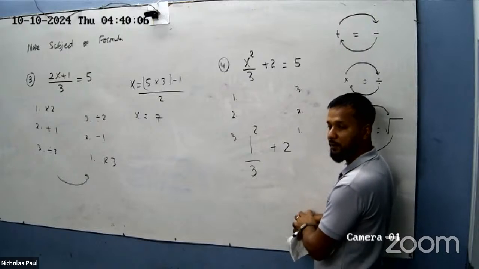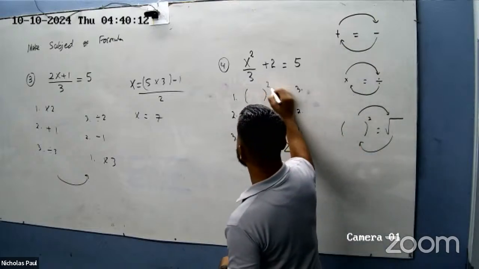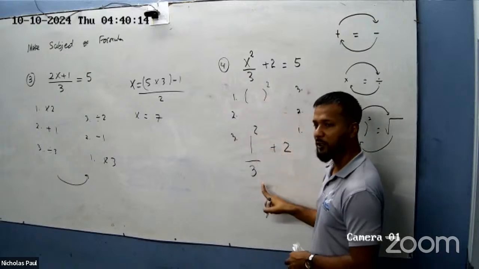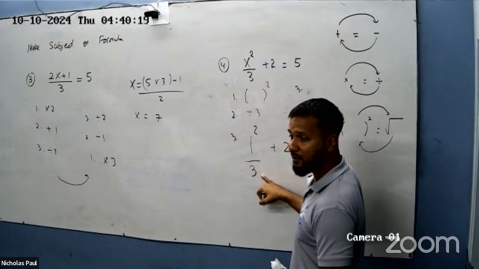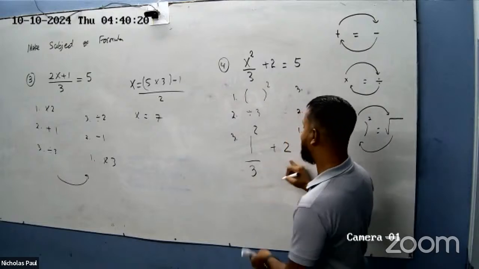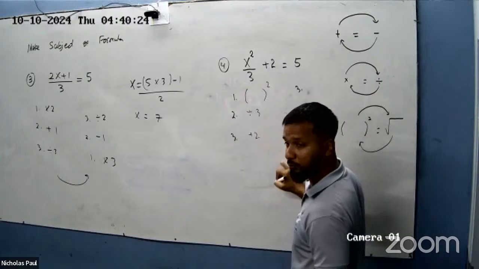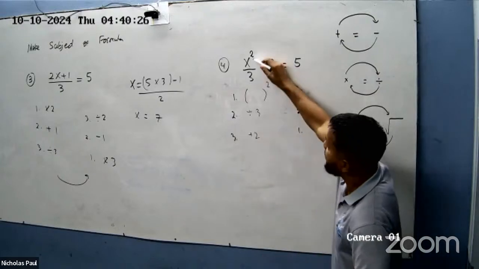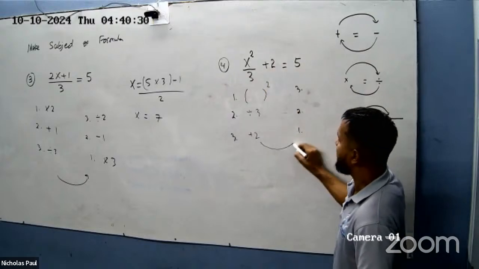Yes, you will square it, right? So the first thing you would do is square it. After you square it, you would divide by 3. And the last part is you would plus 2. So you square it, you divide by 3, then you plus 2. What's the reverse?